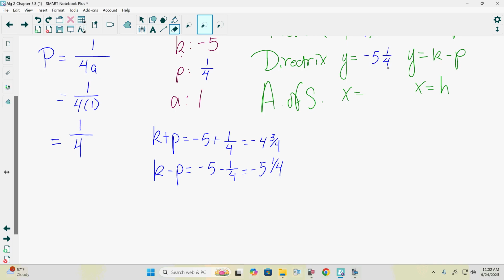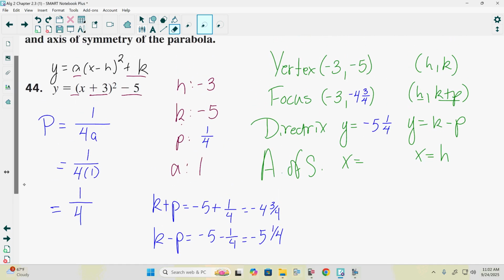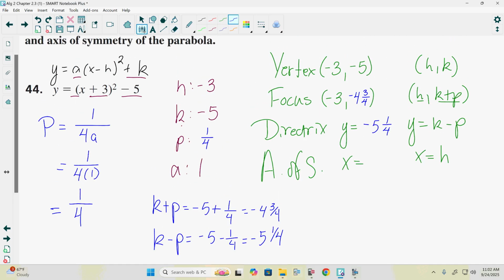And normally for equations, we would try to avoid using negative 5 and 1/4. We would want to use a mixed number or an improper fraction or a decimal, but I will take, for these here, these mixed numbers. And the last one, the axis of symmetry, x equals h, so x equals negative 3.